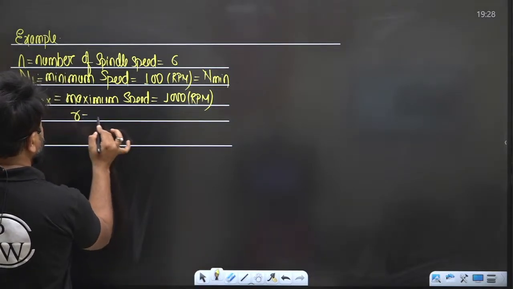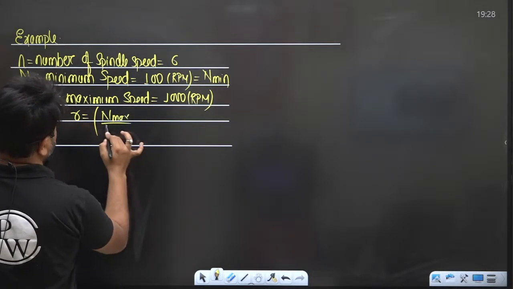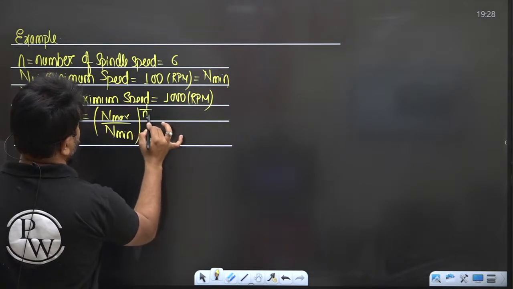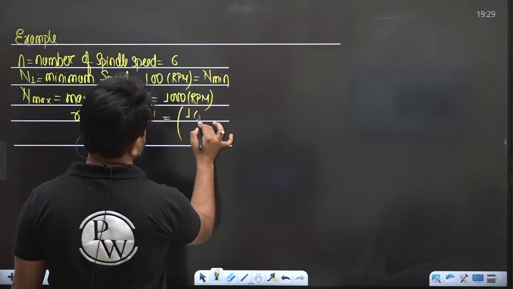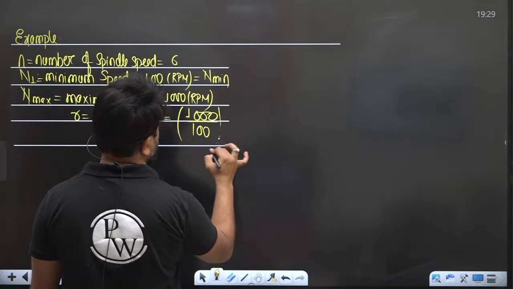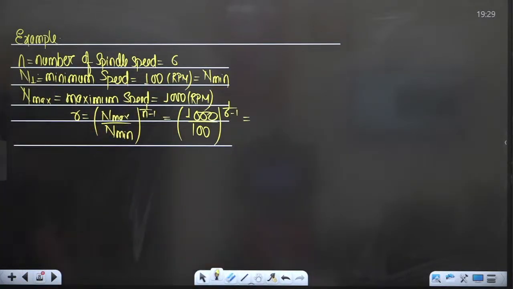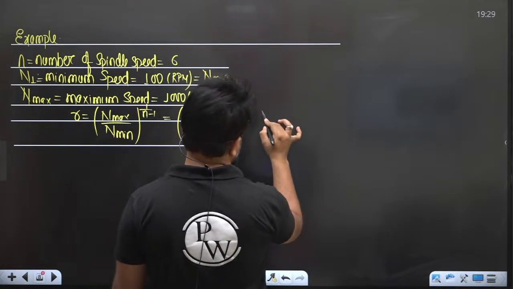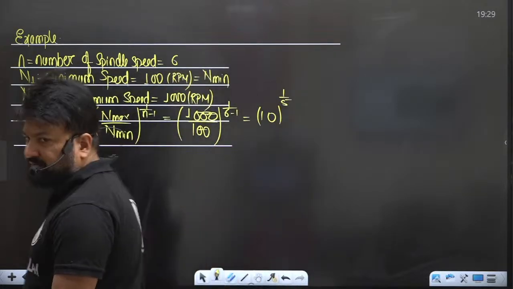R is N max divided by N min, to the power 1 divided by n minus 1. So N max is 1000 divided by 100, to the power 1 divided by 6 minus 1. Are you getting my point? So this comes to 10 to the power 1 by 5.